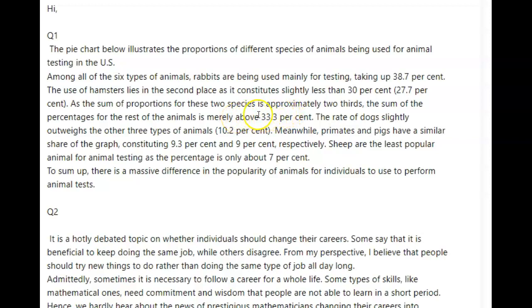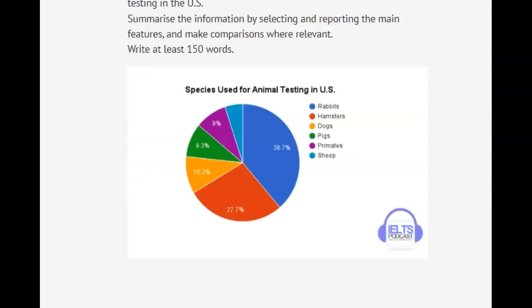I think what you could have talked about was the fact that, for example, these 4 essentially equaled this. So I think that was a really interesting piece of information you could have included. Or alternatively, you could have talked about how these 3 together are equal to the second most popular. But I think that's a really great piece of information to use.